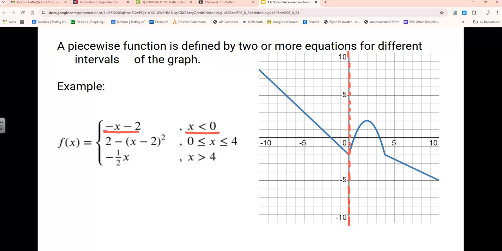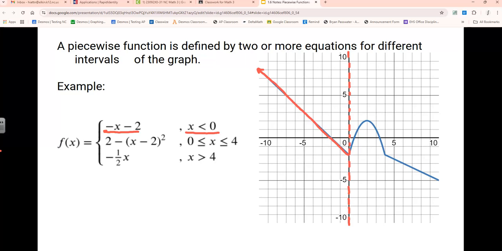So it's going to be this part of the graph right here, and that would have an arrow in, follows that rule.